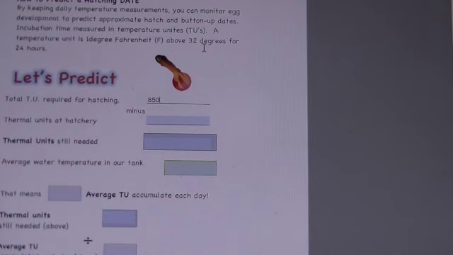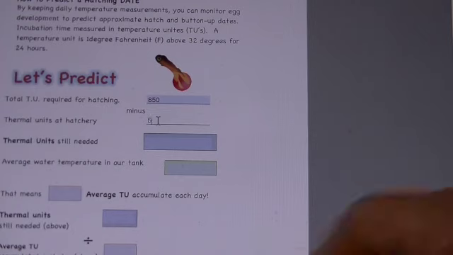The second piece of data we're going to input is the thermal units at hatchery, or in this case, what are the thermal units today, November 11th, after we've had our fish eggs for one day. If you recall, again, from our data sheets, that number was 598. So we're going to put that number right in here, 598.